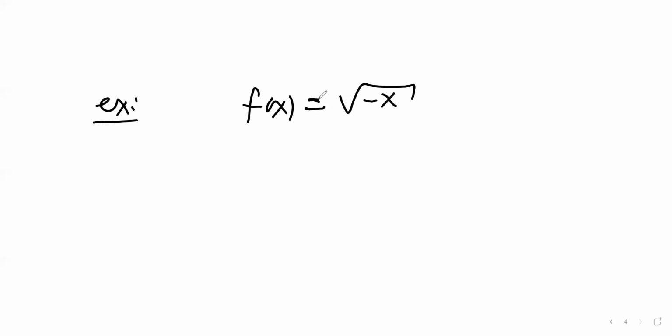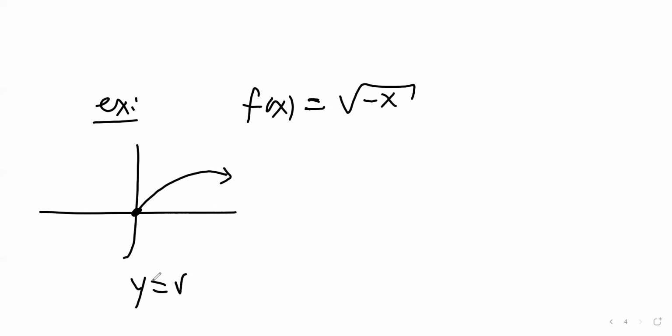Okay, let's try another example. Let's say I have the function square root of negative x. We know the parent function is square root of x, which is this guy. Because the negative sign is right in front of x, that means x is going to change the sign. So any point (x, y) on the parent function will be translated to (negative x, y).